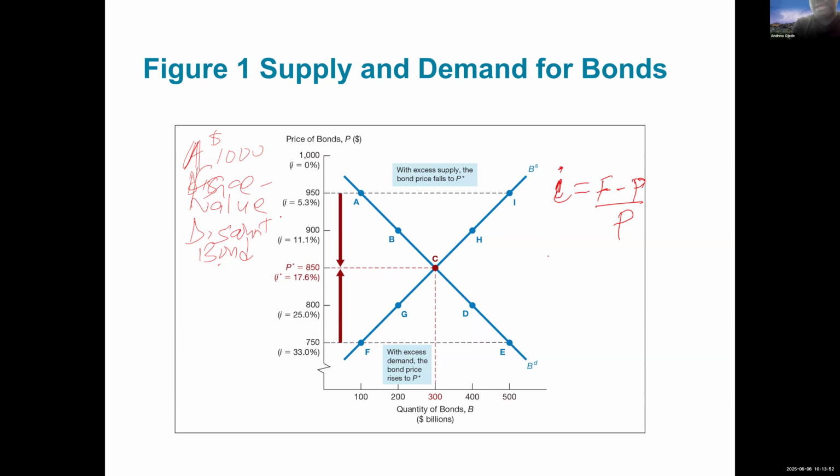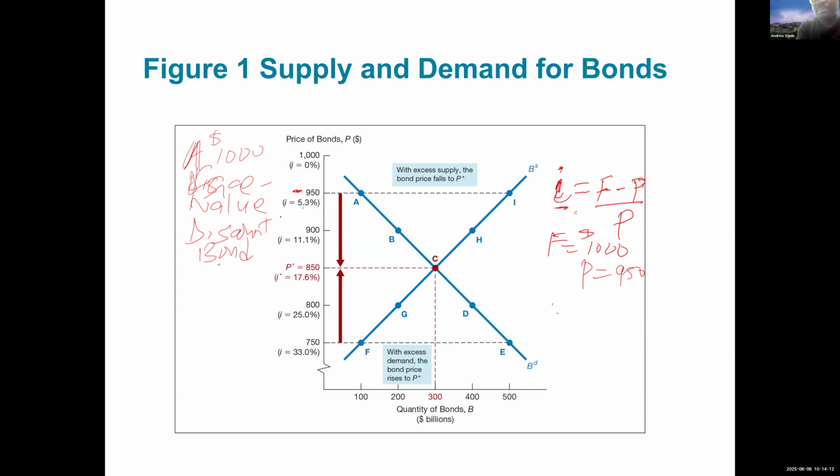Because the face value is $1,000, if the price of this bond is $950 up here, see this $950 up there? That's the price of the bond. If it's $950, we can figure out what the interest rate is. The interest rate is going to be 5.3% using this formula.